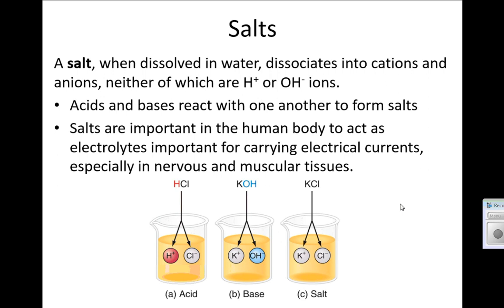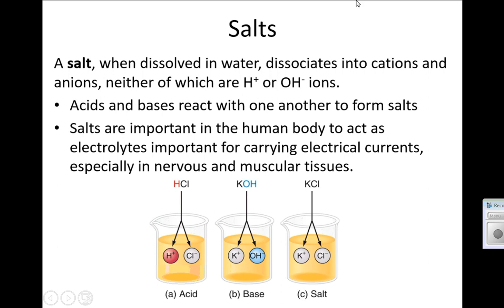All right, salts are similar to acids and bases, except for when they dissociate, the ions that are formed are not hydrogen ions or hydroxides. Like potassium chloride, which dissolves and dissociates into potassium and chloride. Now, acids and bases will react with one another to form salts.